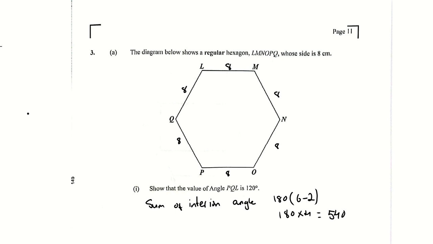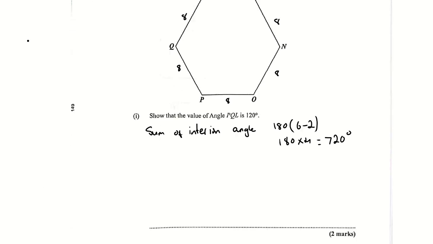So the sum is 720 degrees. If that's the sum of all and you want to find one angle, it would be 720 divided by 6, which is equal to 120 degrees. And that is how you could show that this angle is 120 degrees.